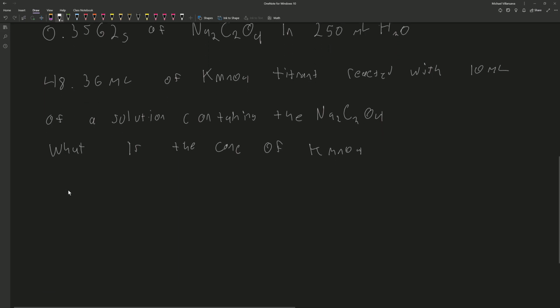So let's try to draw a picture of what just happened right here. So I took a volumetric flask, and let's say this is a 250 ml volumetric flask, and to it I added 0.3562 grams of Na2C2O4.